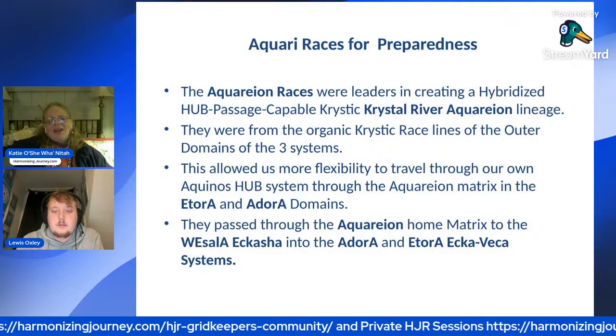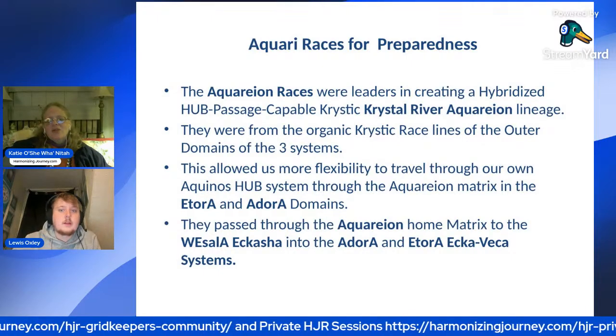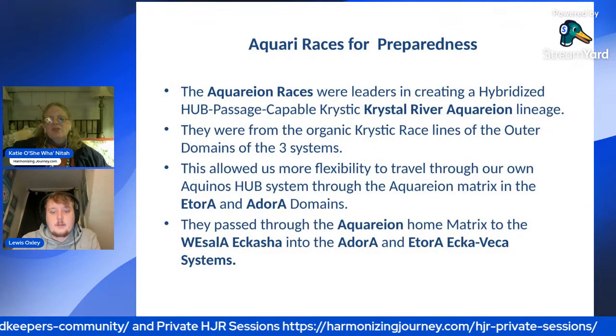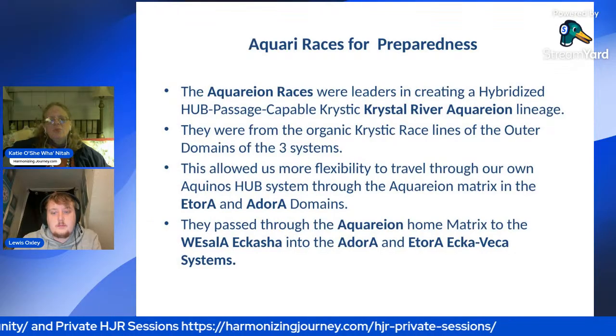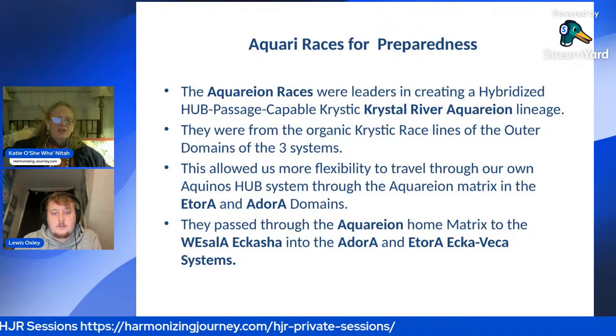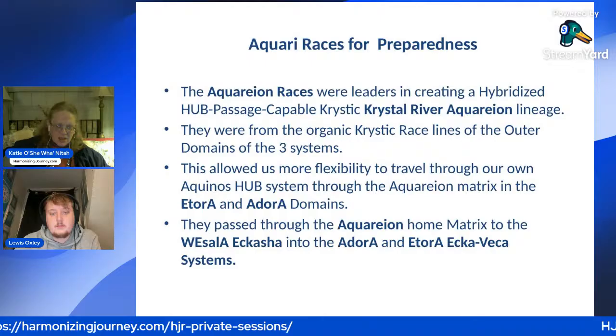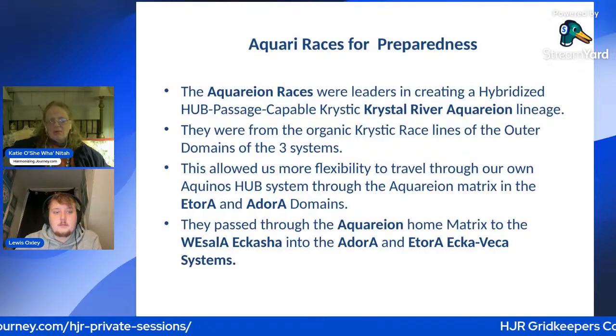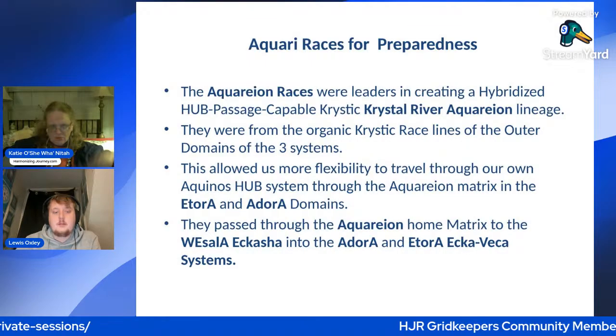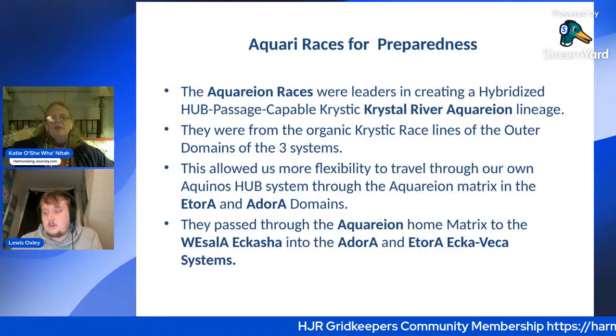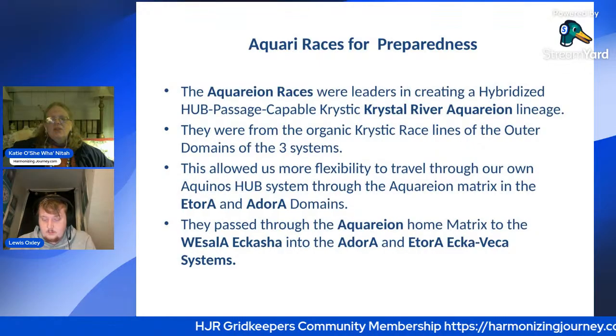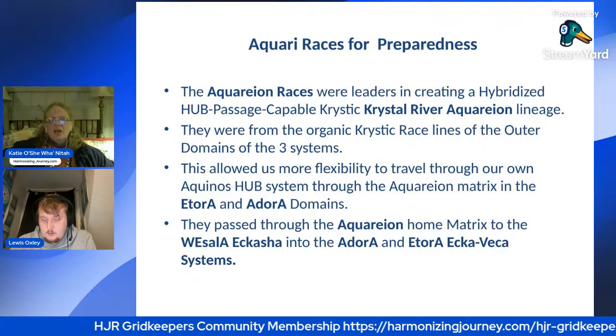These Aquarians passed through the Aquarian home matrix to the Wisale Akasha, so they had to interface with the Wisale Akasha to get what they needed from there and develop within that system of what they had, again into the Adore and Ettore Ekaveka system.